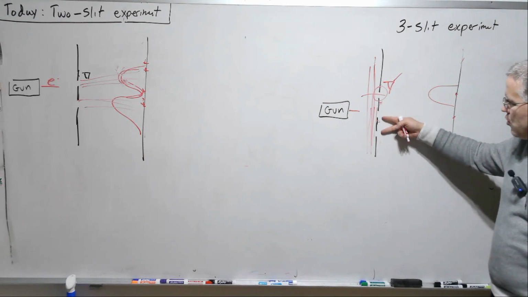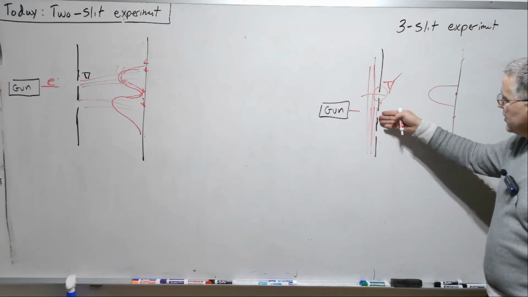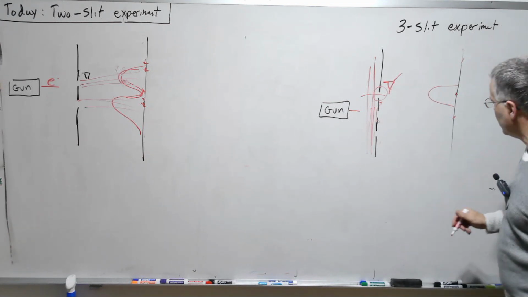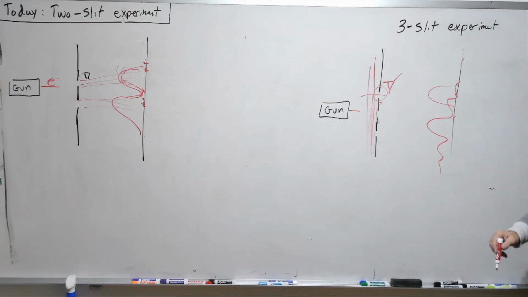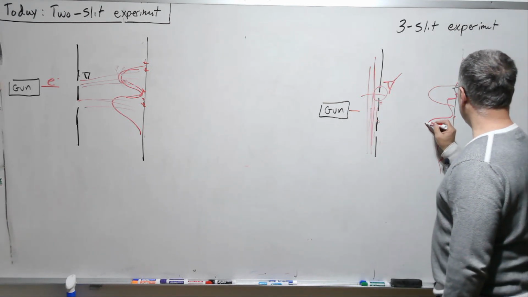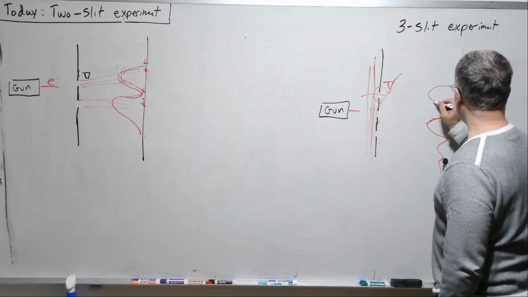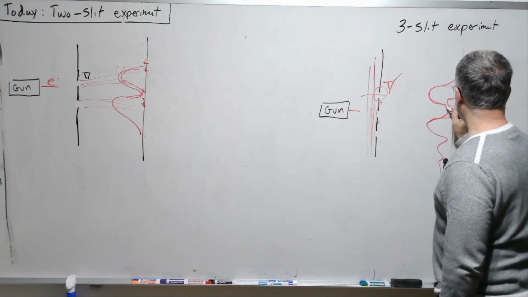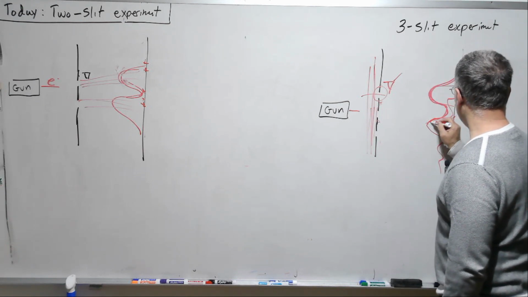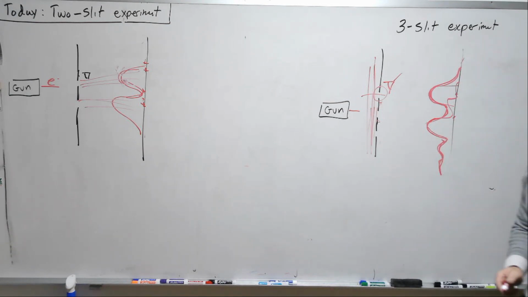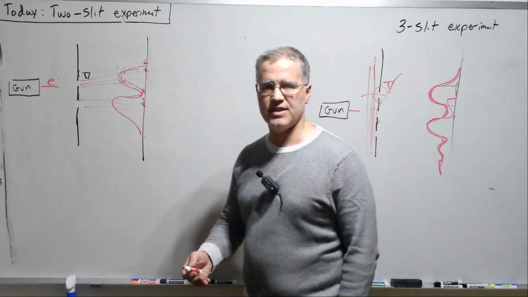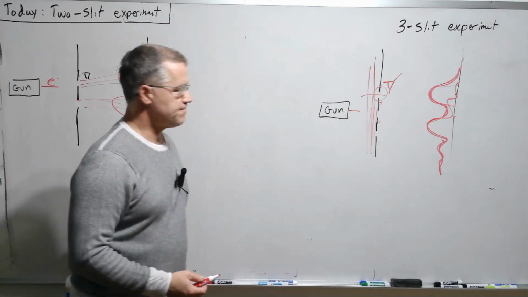See, we won't know which one of these two it went through, so it will go through both of those, but not this one. And we will get a distribution like that. And so overall, we will get something that looks like that, the combination of a single slit and the double slit.